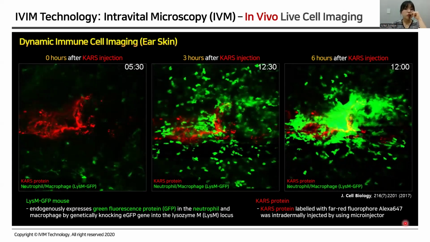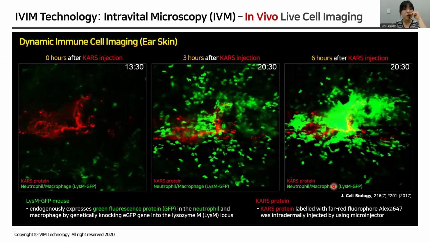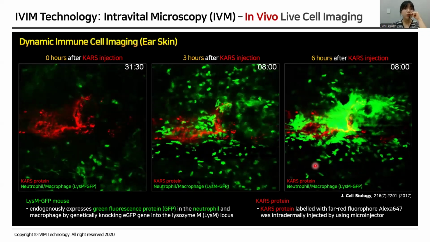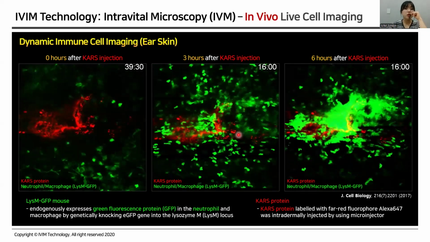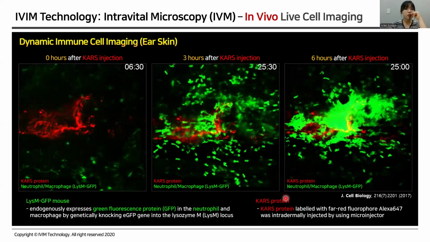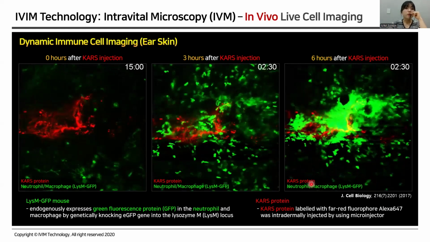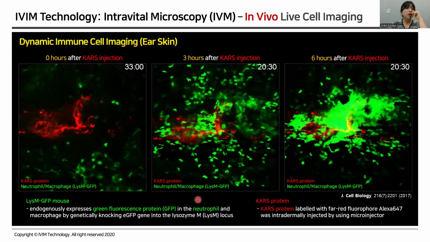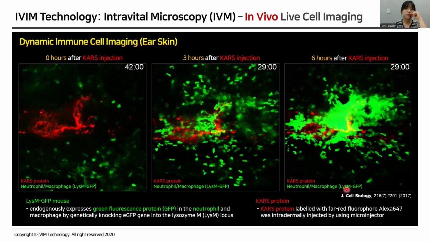The results showed that over time, immune cells were actively recruited at increasing speeds to the site of protein drug injection, and they form clusters. This process was tracked in vivo in real time.